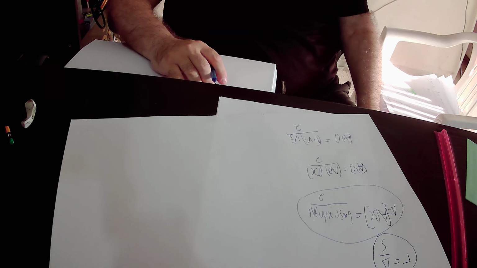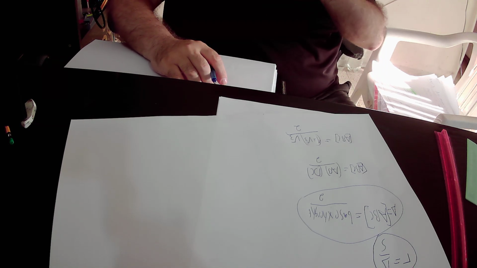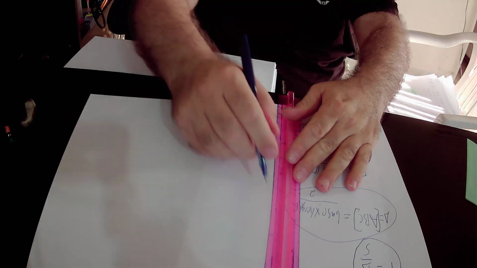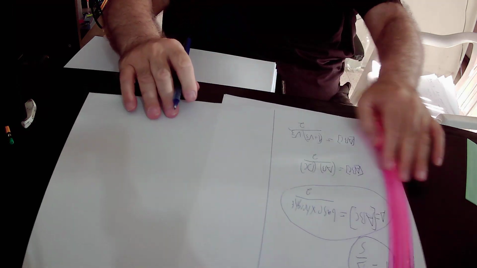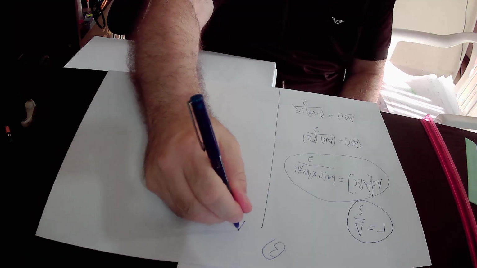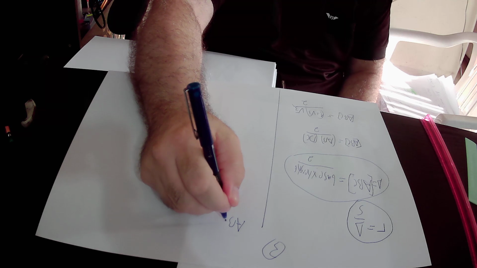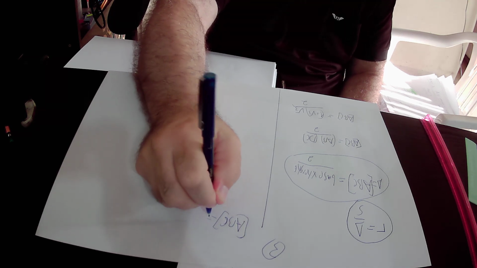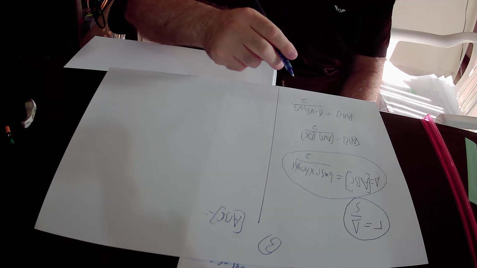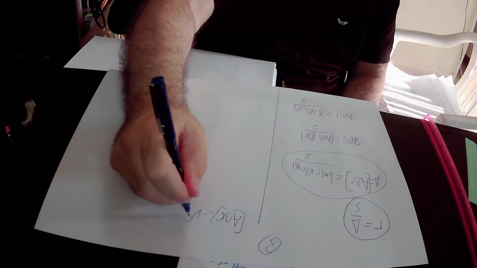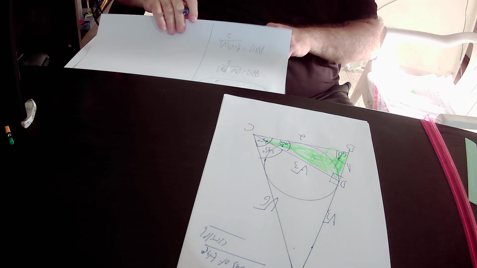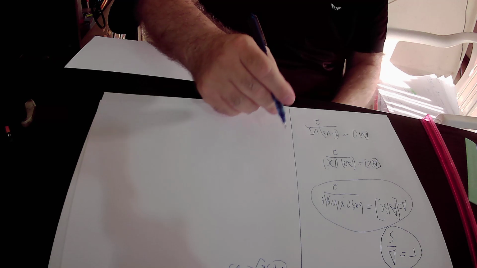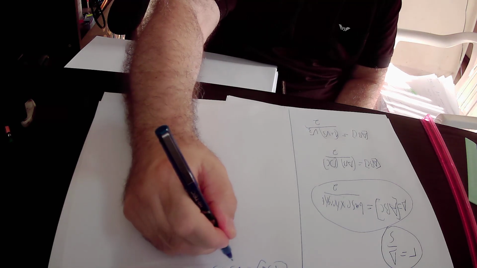So here we'll open the brackets on this side of the equation, and we'll get that the area of triangle ABC equals 1 times square root of 3, plus square root of 3 times square root of 3, which is 3, over 2.